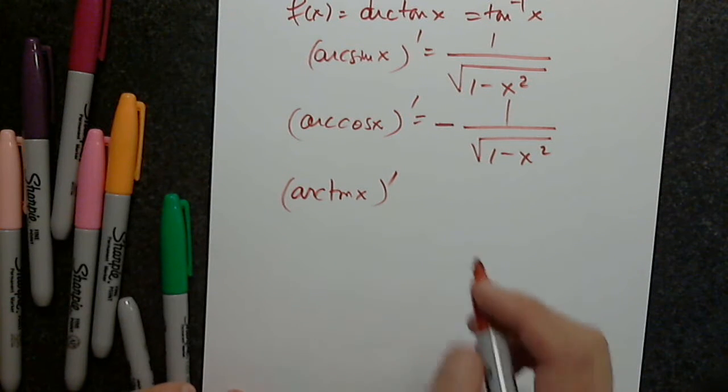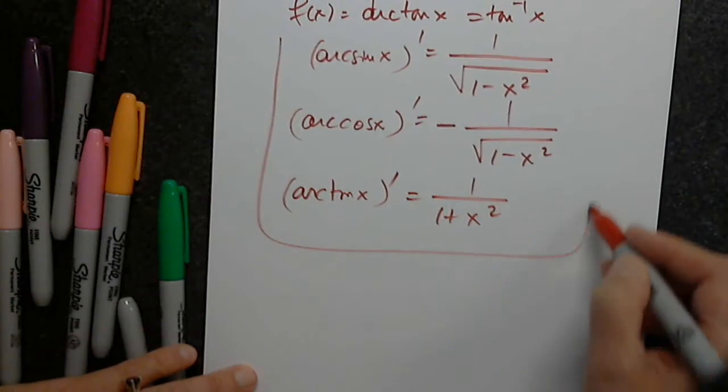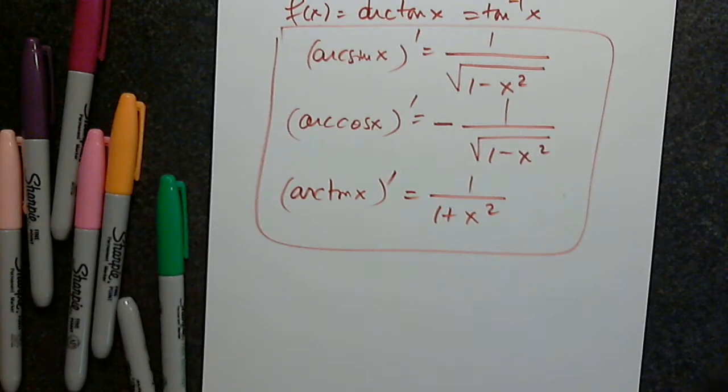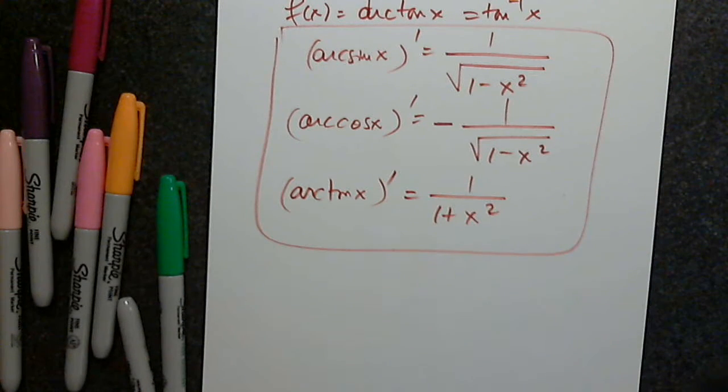So arctangent prime is 1 over 1 plus x squared. That's all I'm asking you to remember. These 2 are the same, one of them has a minus in front, and then the derivative of arctangent.